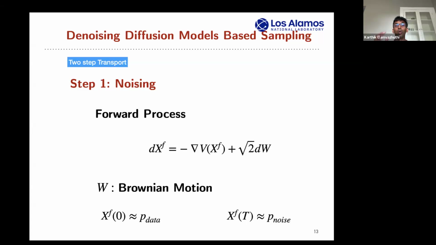So here the potential V plays a very different role from the role that it played in the previous method that I showed, which turned out to not work very well. Here the role of the potential V is to take you to noise instead of taking you to data. So you're starting with data, you're moving along some potential, and you're just adding some noise to it. And the goal is that you will eventually reach this noise distribution.